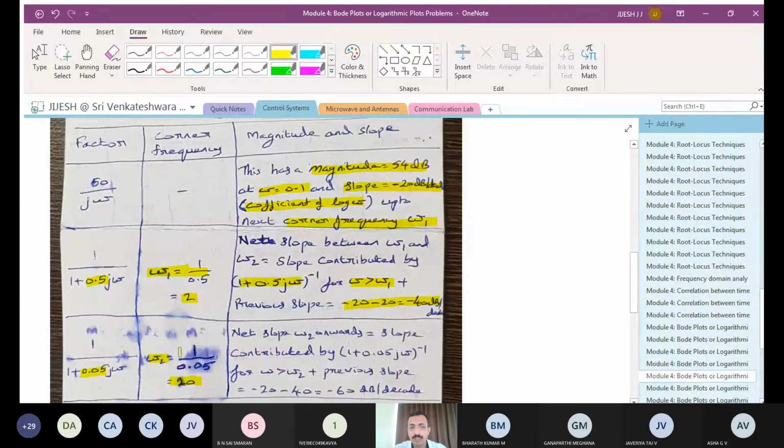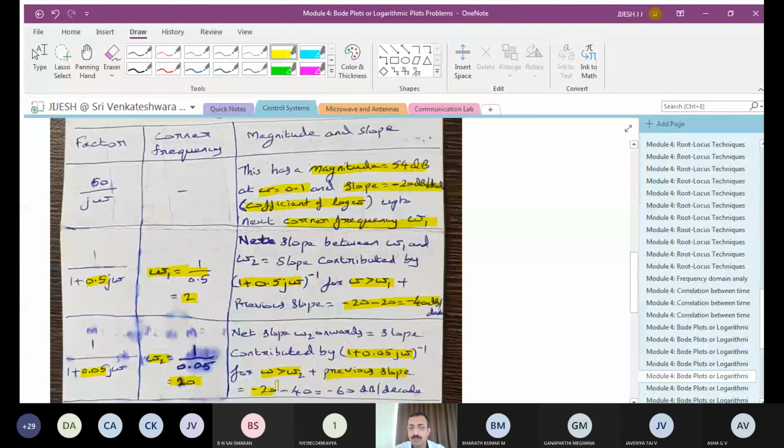One more term is there, that is 1 by 1 plus 0.05 j omega. For that, the slope after omega 2 is contributed by this term, 1 plus 0.05 j omega, for omega greater than omega 2, plus the previous slope. What is the previous slope? Previous slope is minus 40 dB. Since this term is in the denominator, you will have minus 20 dB.